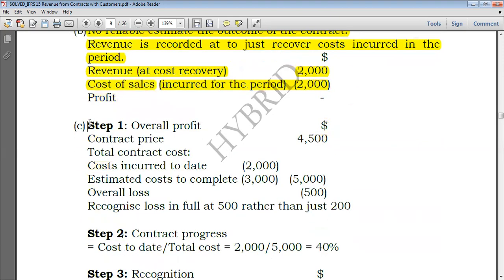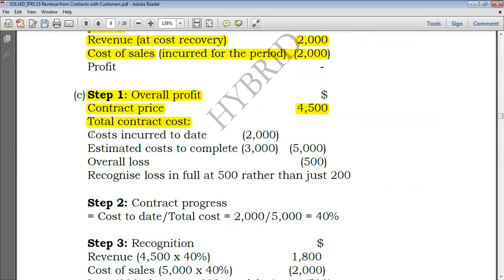First of all, identify the overall profit or loss. So you have your new contract price at 4,500, and then you go to the total contract cost. How are you going to obtain this? You have cost incurred to date, that is 2,000, and then you have estimated cost to complete, that is 3,000, giving you a total of 5,000.